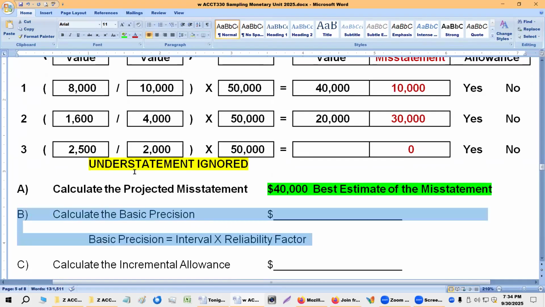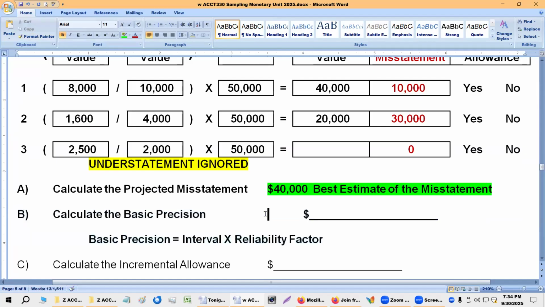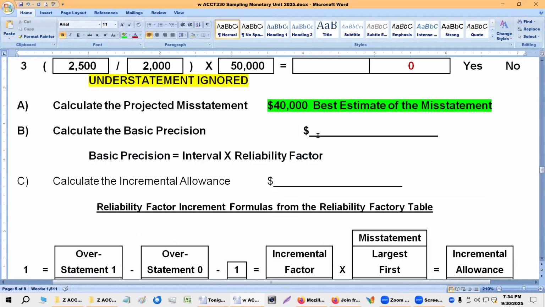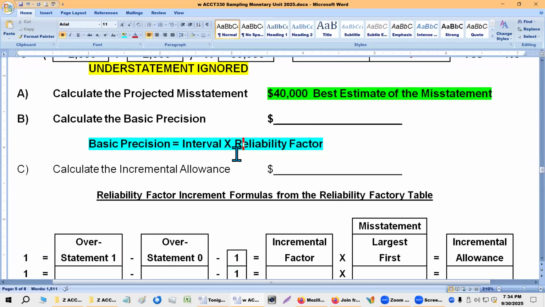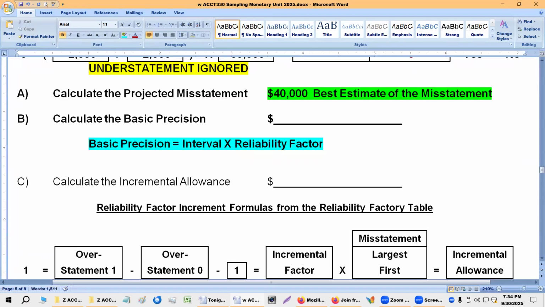Basic precision. This is our formula for basic precision. Our interval times the reliability factor, and the reliability factor at 0 we'll talk about in a second.